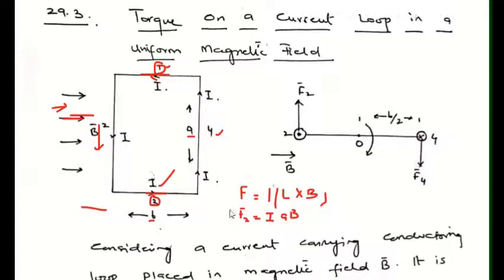But as I am considering the magnitude, it will give me a positive value, so I can write IAB. Similarly for segment 4, the magnetic force will also be equal to IAB. So these two segments will contribute to the magnetic force, and the directions of these forces are opposite to one another and equal, but they will produce a turning effect in this rectangular loop.